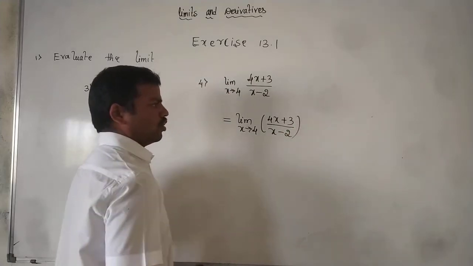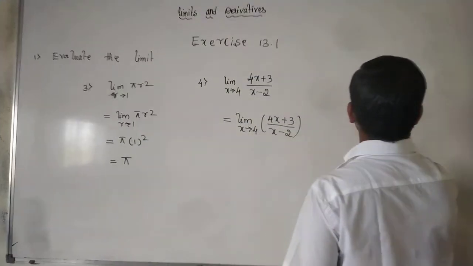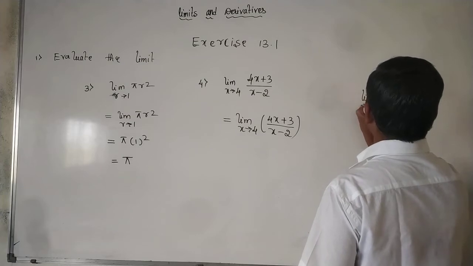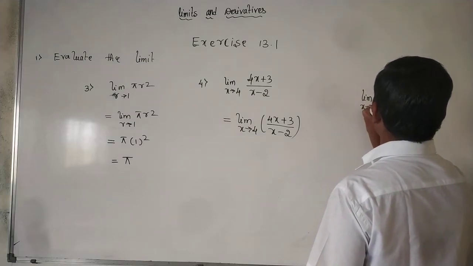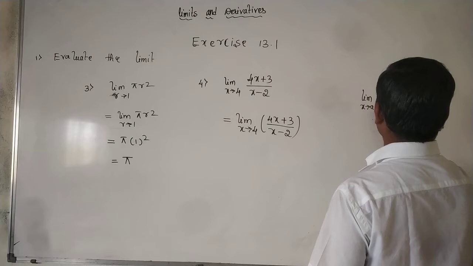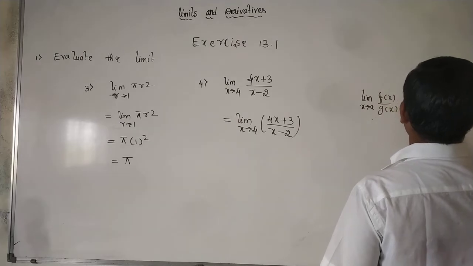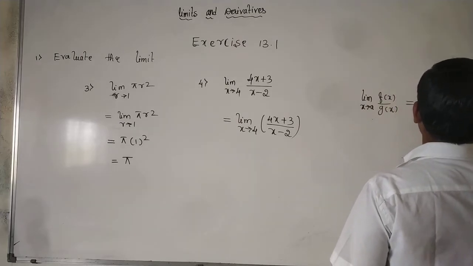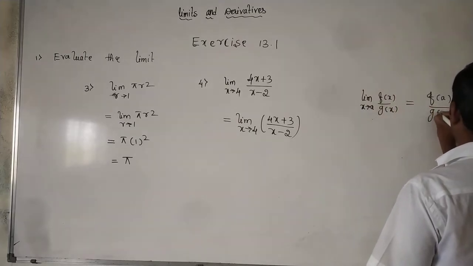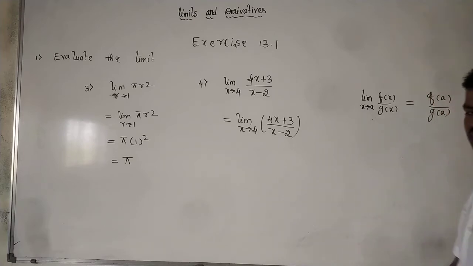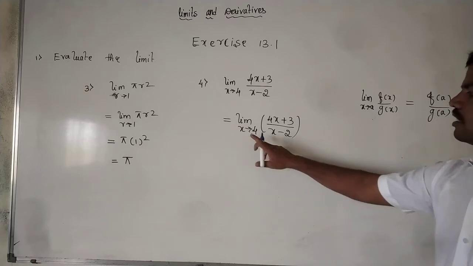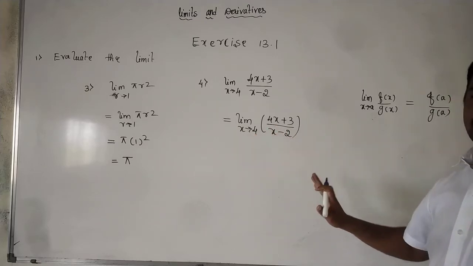We already know that the limit of the quotient of two polynomials as x tends to a, f of x divided by g of x, is nothing but f of a divided by g of a. We have already known about this. So what does it mean? Where there is an x, we simply put 4.